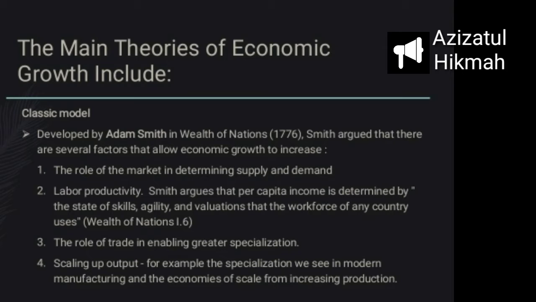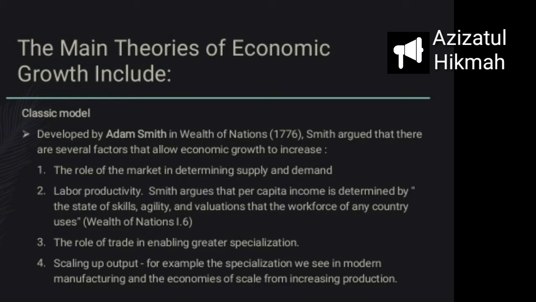Smith argued that there are several factors that allow economic growth to increase. First, the role of the market in determining supply and demand. Second, labor productivity. Smith argued that per capita income is determined by the skill, agility, and judgment that the workforce of any country uses.